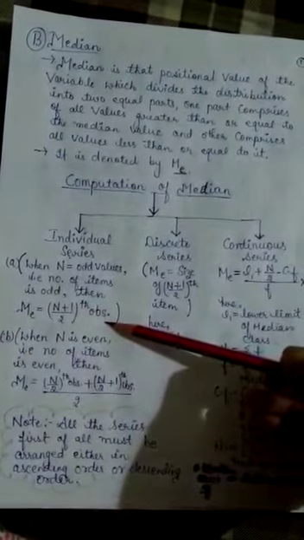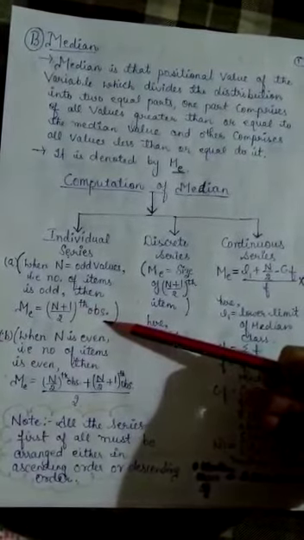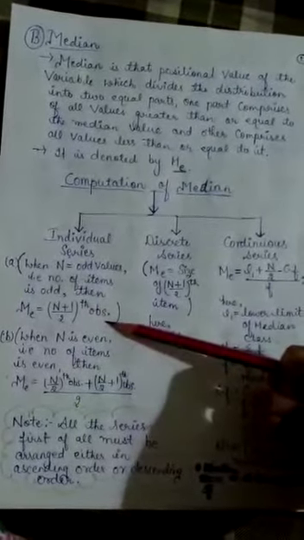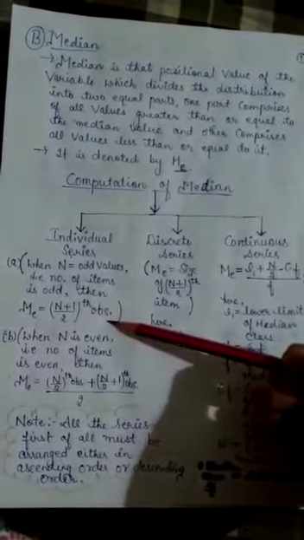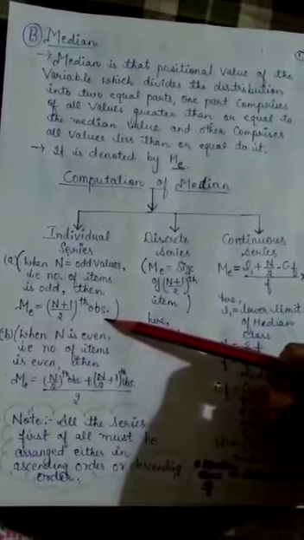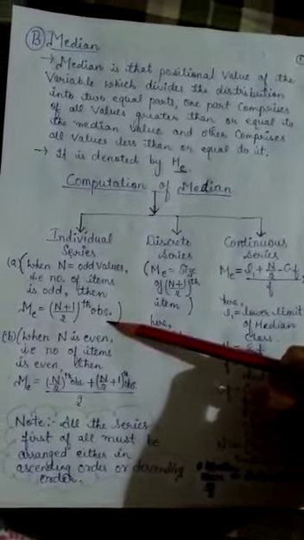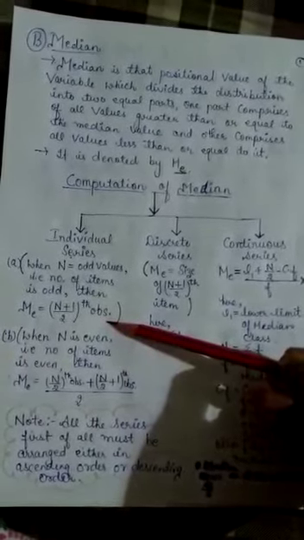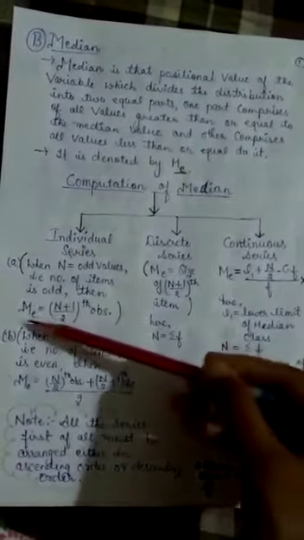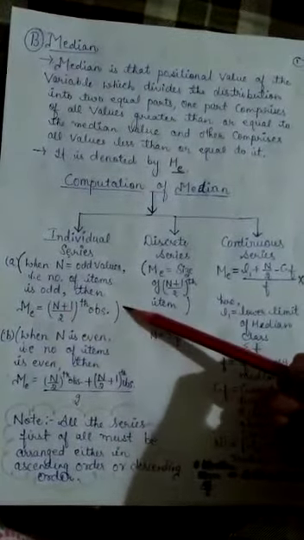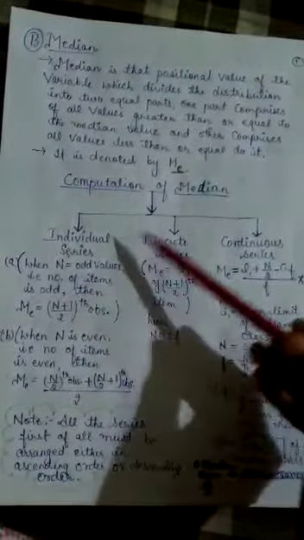Odd means there can be 3, 5, 7, 9 observations, any odd value. So in that case we will use median equal to n plus 1 upon 2th observation. N is the number of observations.